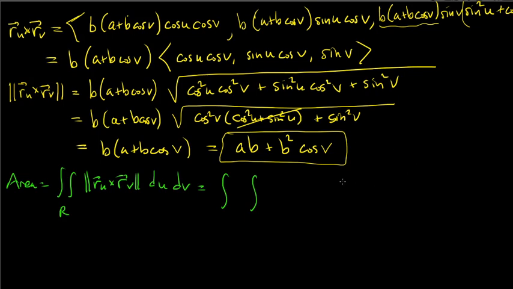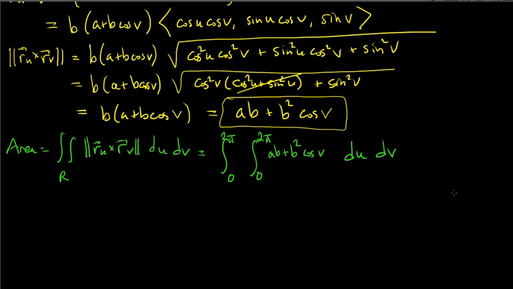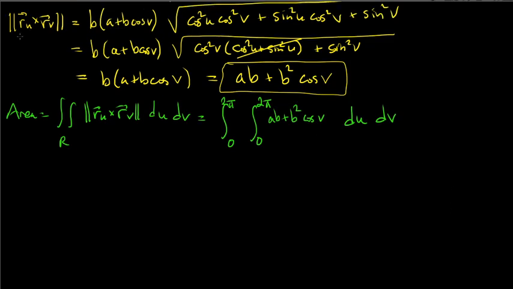So we're doing, let's see, we're doing du first and then dv. u goes from 0 to 2 pi. And v goes from 0 to 2 pi as well. Right? Remember, this is not a sphere, so this is not the usual phi and theta. Okay, and the integrand is, well, ab plus b squared cosine of v. Right? So let's work this out.